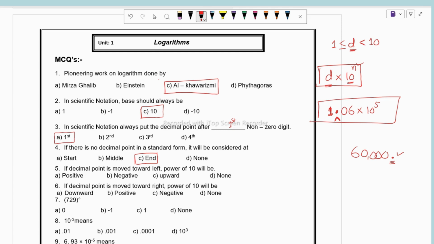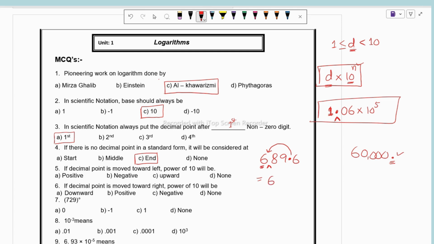We will take one number. The number is 689.6. Now we have to write it in standard form. You can see here is the reference point. So we will move this decimal to the point after the first non-zero digit.